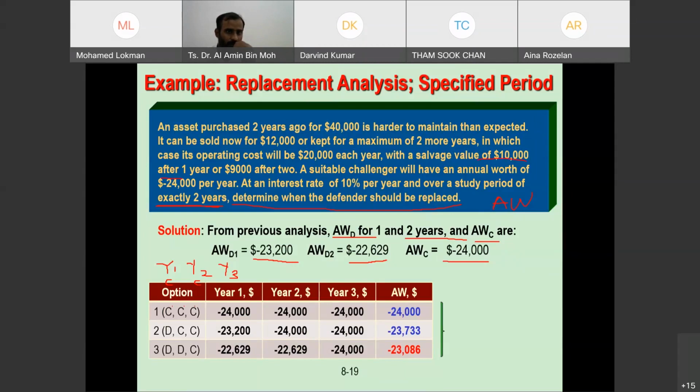So you can use the old machine, the defender, for year 1, and then you change to the challenger on the 2nd year, and the 2nd year and 3rd year will have the challenger. Or you can keep the defender for a maximum of 2 years, and then you change to the challenger. So these are all the possibilities that we have.